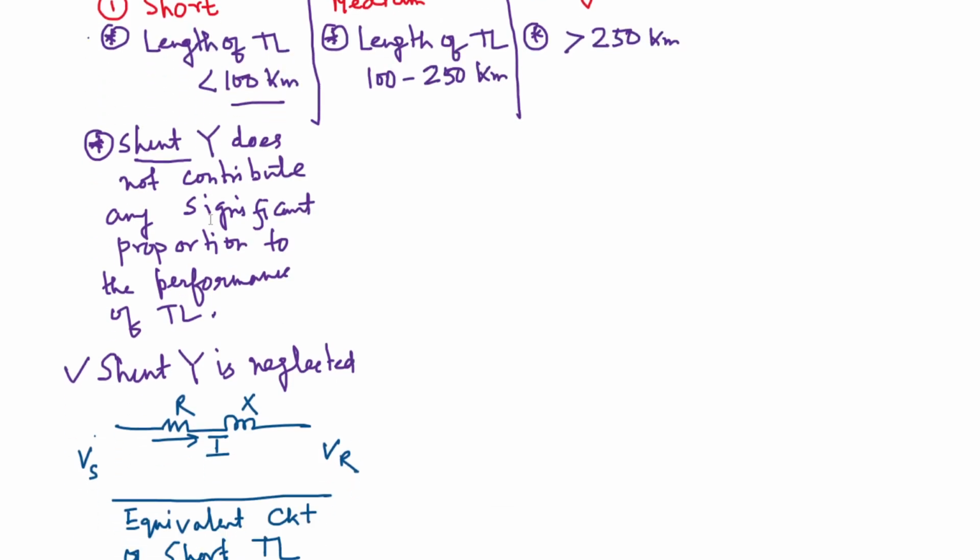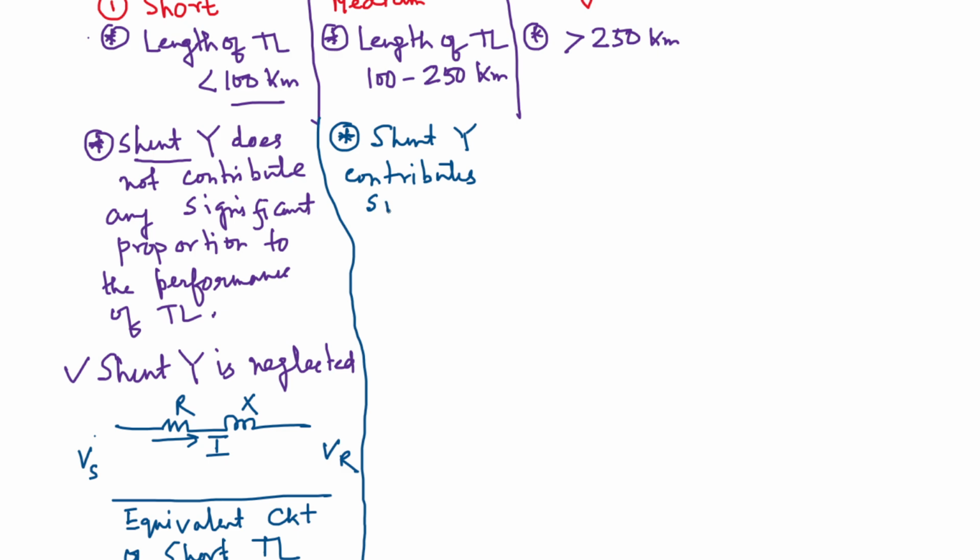Now coming to the medium transmission line. Here shunt Y, that means the shunt admittance, contributes significantly. So shunt Y is considered here; it is not neglected.